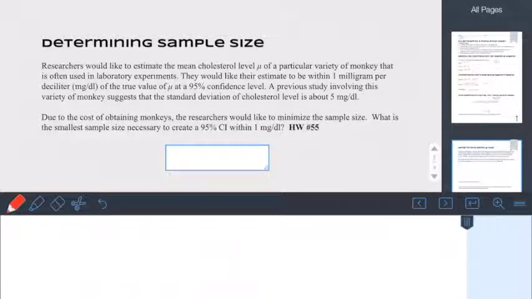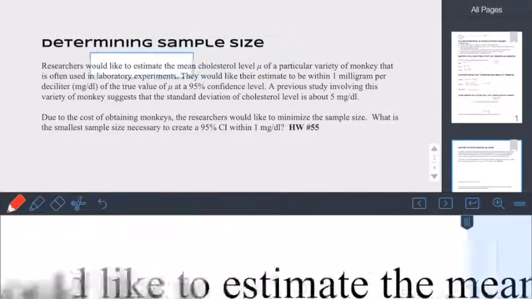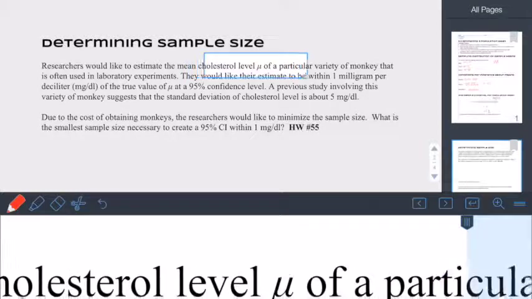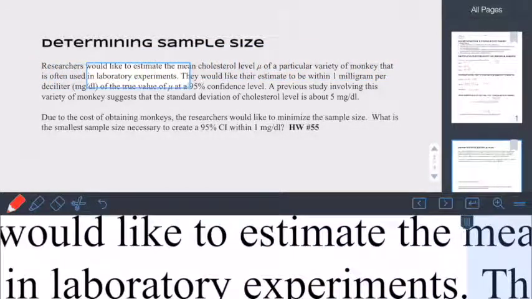The only time we are going to see this where we know something about the standard deviation is this determining sample size. Now, the students have said that these determining sample size questions from both sections come up a lot on the multiple choice section of the AP test, but that's about it. It's not that exciting. Researchers would like to estimate the mean cholesterol level mu of a particular variety of monkey that is often used in laboratory experiments.